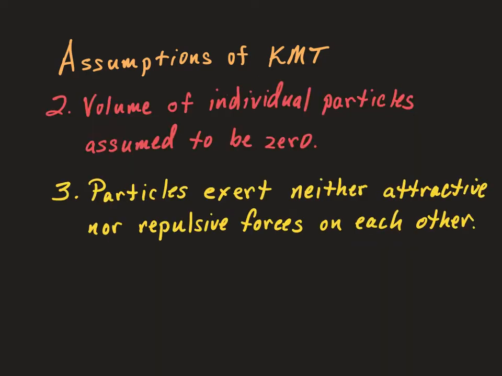The second assumption is one that we talked about when we talked about ideal gas. That is that the volume of the individual particles can be assumed to be zero, that the volume is negligible, and that the particles don't attract each other or repel each other. There are no forces exerted.